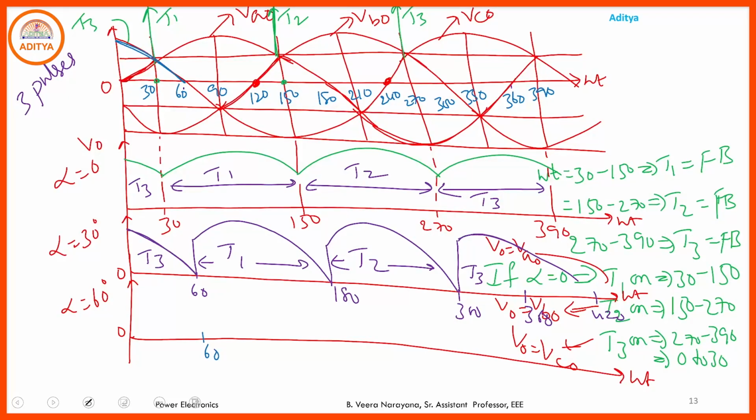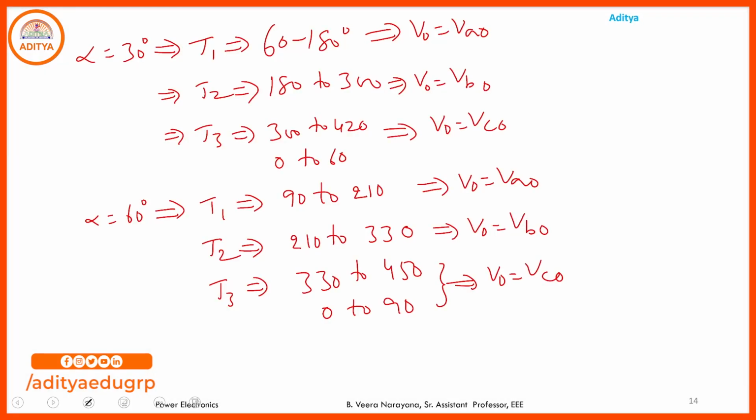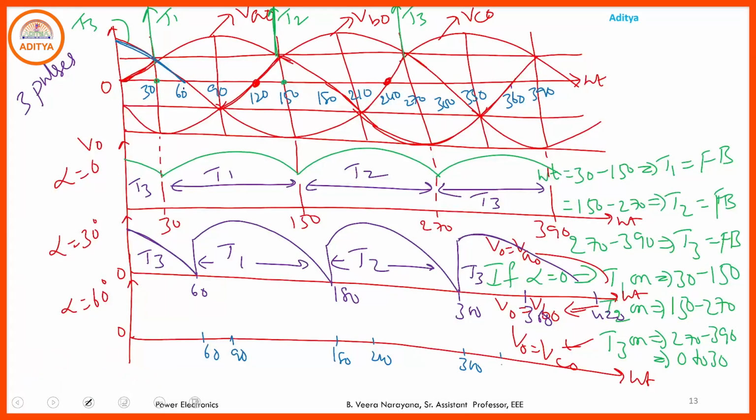This is 60, this is 90, this is 180, here it is 210, it is 300, 330. So from 0 to 60 you have the output voltage, no problem. But from 60 to 90, T3 is in reverse bias, so the output voltage is 0.